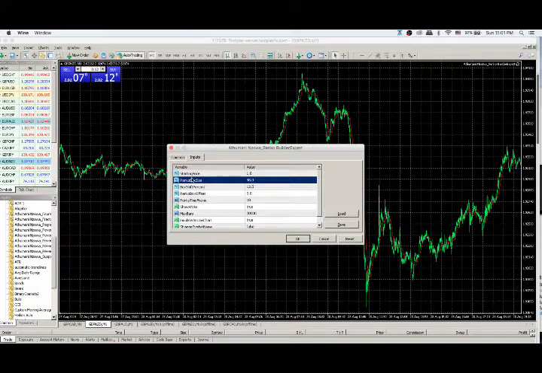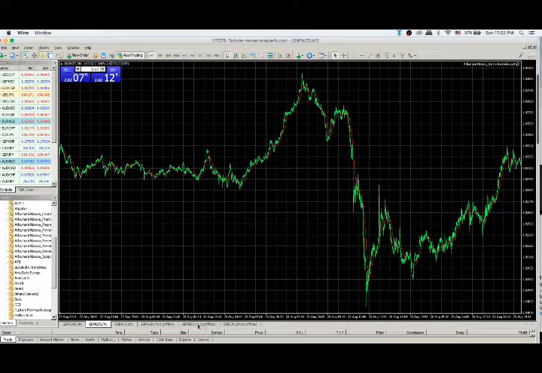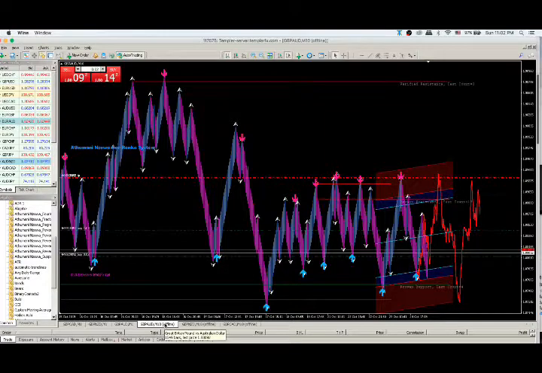So it can be 8, 16, 32, 24, 48, 64, and so forth. The reason is that we have to calculate the 17th bar, 8 bars before and 8 bars after, because the 17th bar in fact gives you the turning point of the market.